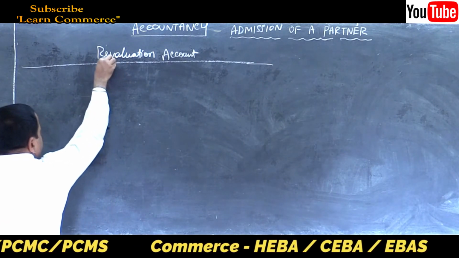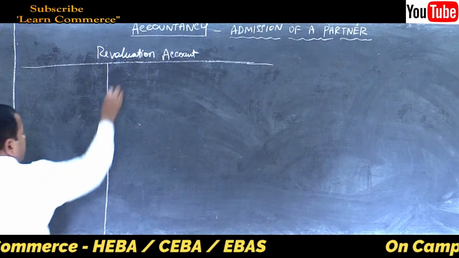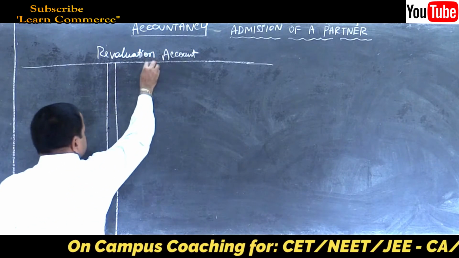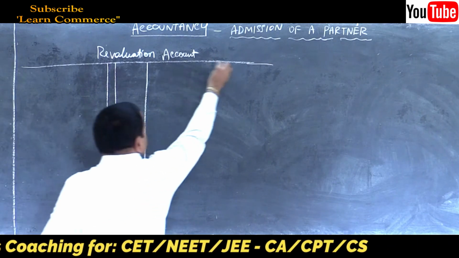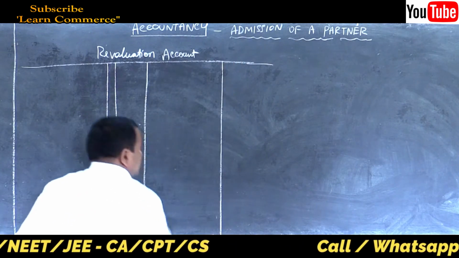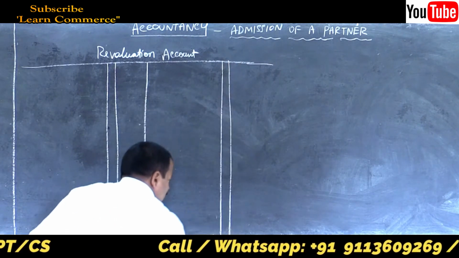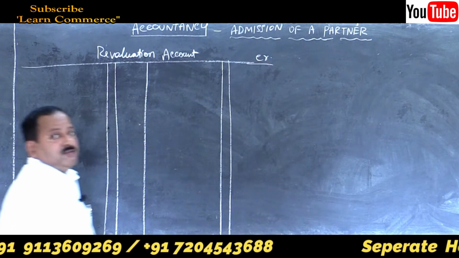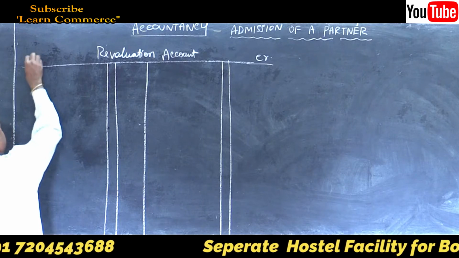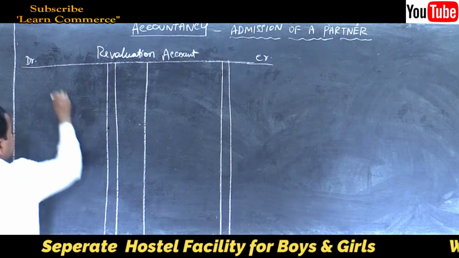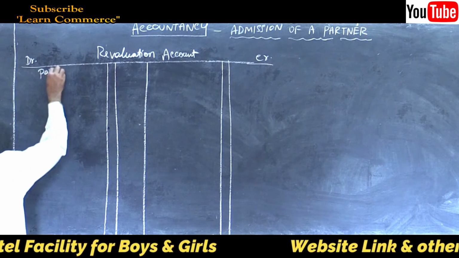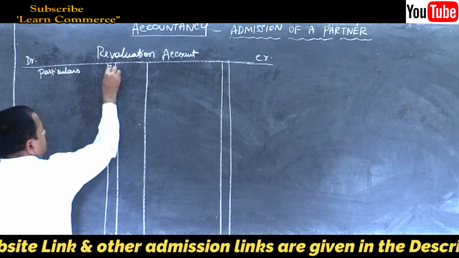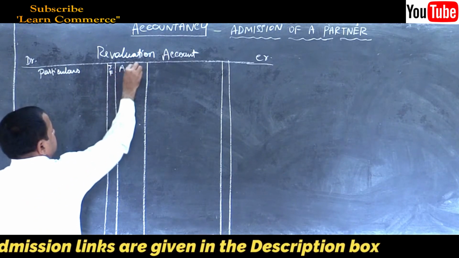So you can provide for JF column here, JF column, then here also credit side, JF column you have to draw. Here credit, it is a ledger account, so credit, here debit, and write column headings, very important, you must write the column headings: particulars, JF, amount in rupees.